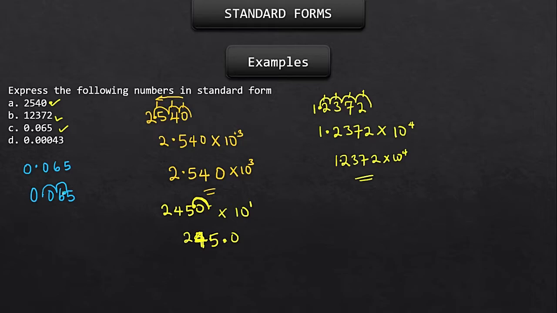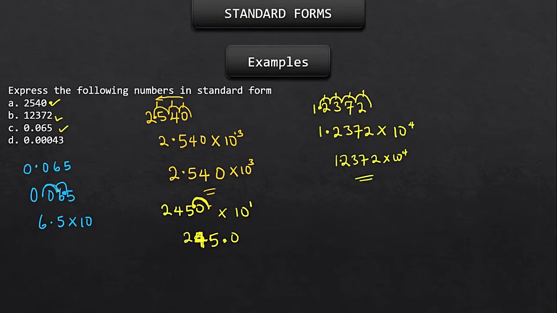We stop where we have the first number that is not a zero, before we reach the last number. We skip all the zeros. The first time we have a full number that is not a zero, that's where we stop. So we have 6.5. So 6.5 times 10 raised to power what?